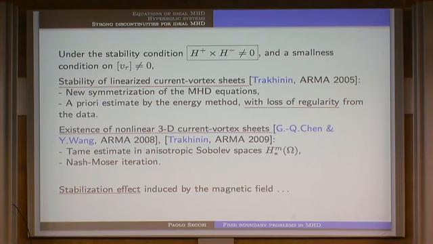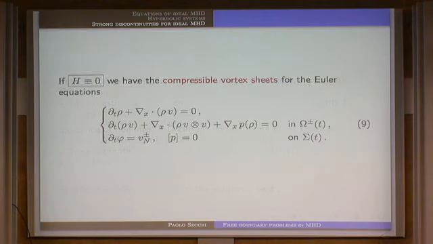Okay, we see that due to the presence of the magnetic field, we can have some stabilization of the problem. Because in fact, if H is 0, from the compressible MHD equations and current vortex sheets, we get the compressible vortex sheets for the Euler equations. So it is the same problem as before in the isentropic case, say, with no magnetic field.